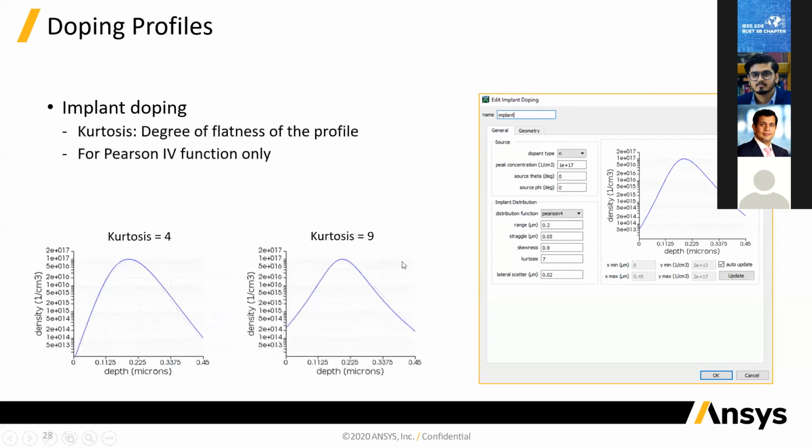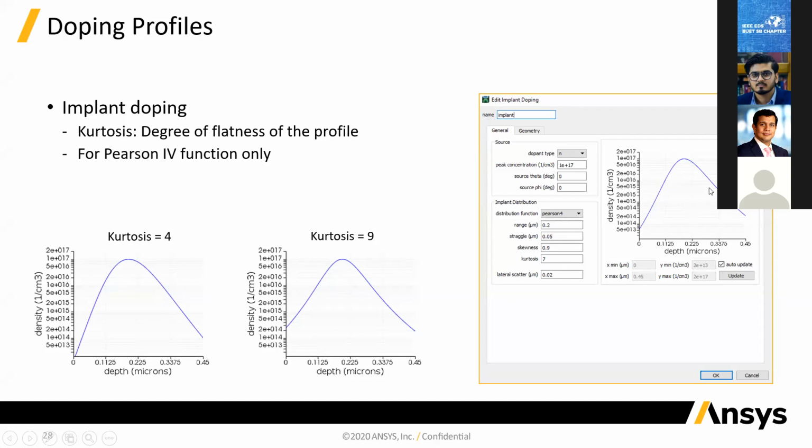And then also kurtosis, which defines how, as the profile gets widened, whether it becomes flat or not as it goes away from the peak. So using these four different inputs, you can define a doping profile very accurately. If you know what your doping profile looks like to start with, you can create it very accurately.